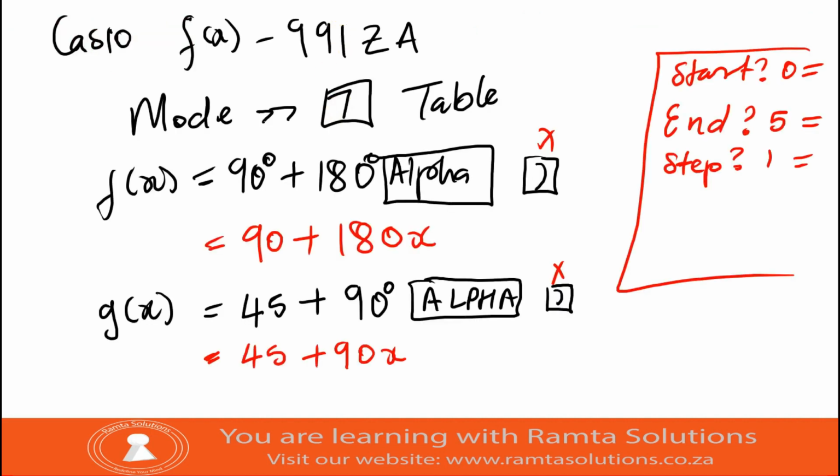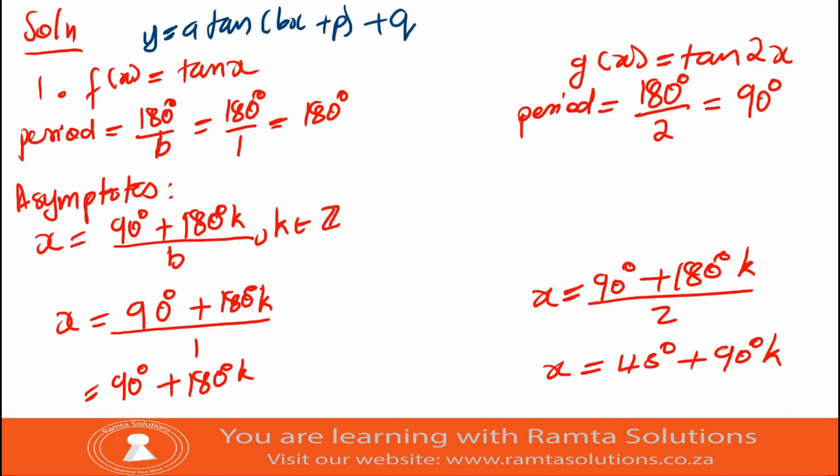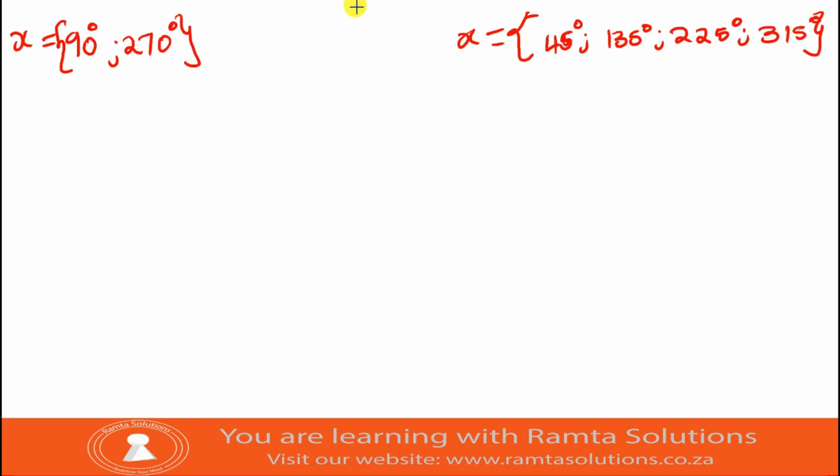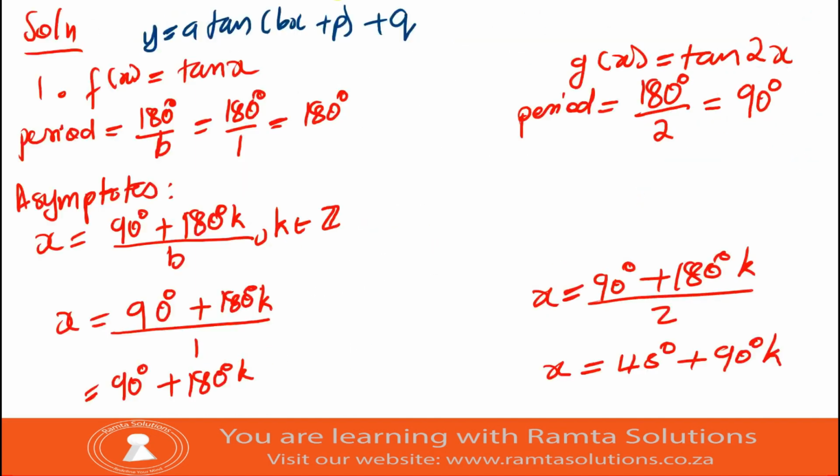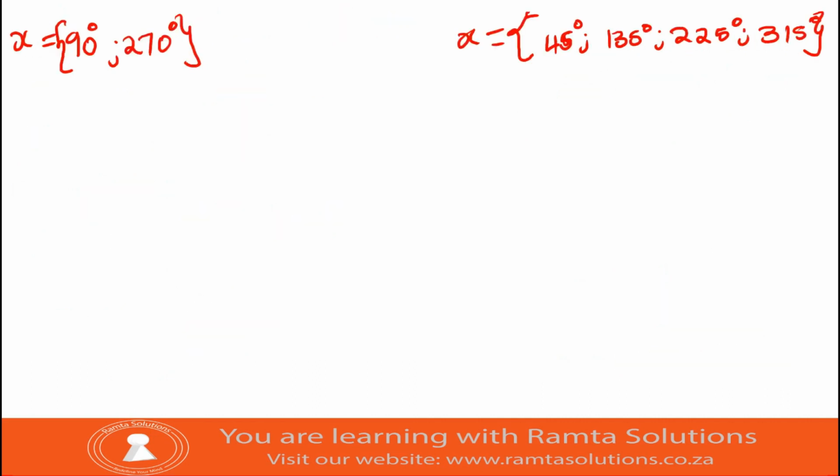We said the period was 180 degrees for f of x, so the difference between the asymptotes is also 180 degrees. For g of x, the period was 90, and the difference between the asymptotes is also 90. Okay, perfect. Now, we are done.